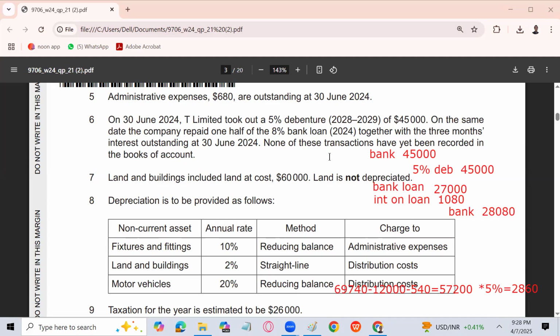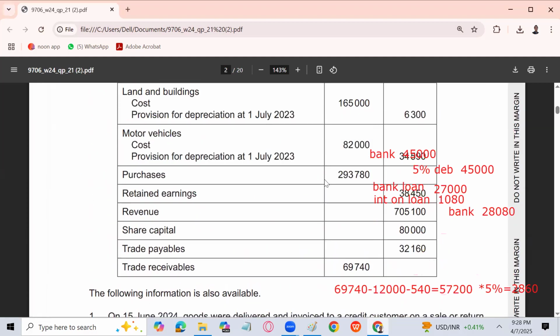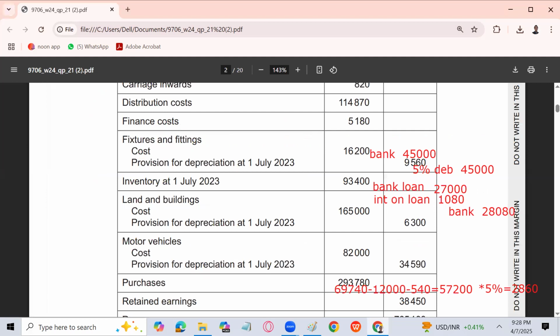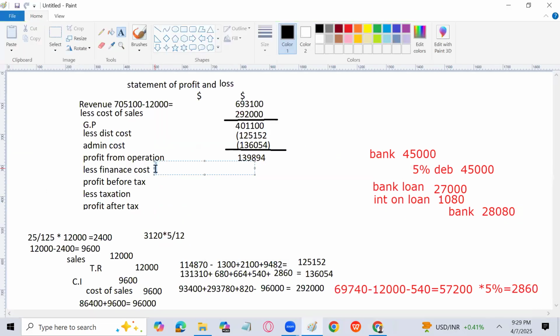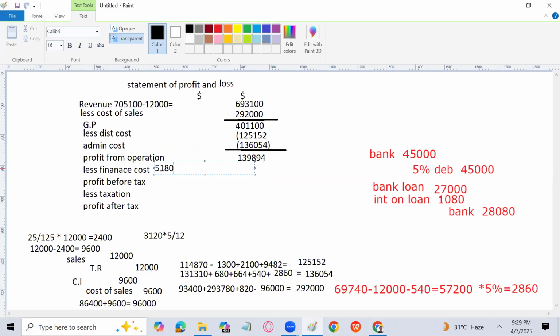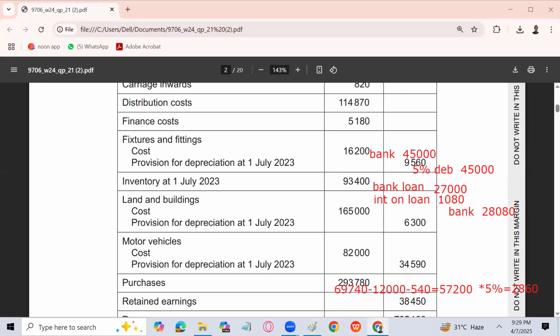Now let's move forward. What is the finance cost? 1080, which is here. And there is another interest cost which is given, already paid, that is 5180. So the finance cost is going to be 5180 plus 1080. Is it 5180? Yeah.